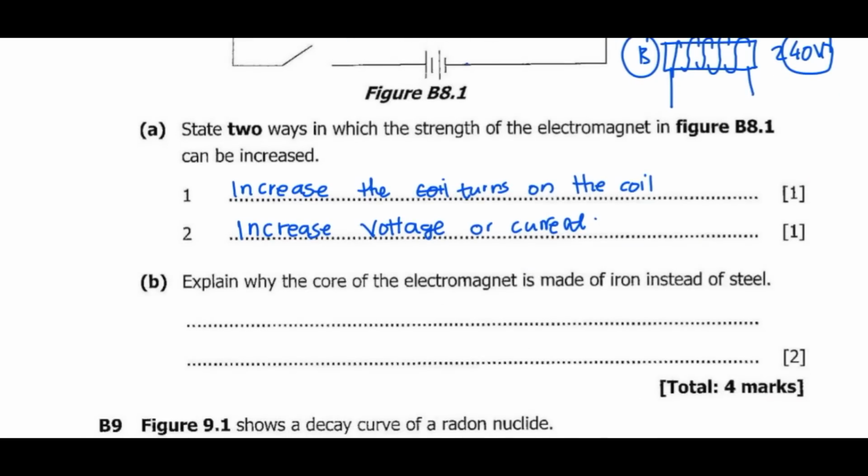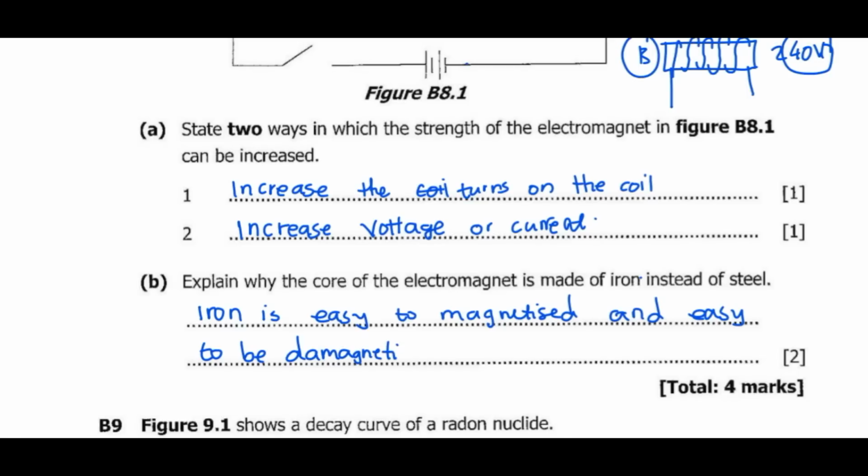Then we go to B, explain why the core of the electromagnet is made of iron instead of steel. So we'll say iron is easy to be magnetized and easy to be demagnetized.